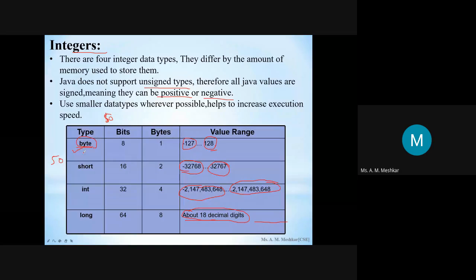It will take less time to manipulate such numbers, and hence your execution speed will increase. Suppose there is a number 50, which can be stored in int, short, or byte. Then prefer the byte data type to store the number 50 because it will take up only 1 byte and manipulation will be easier. Keep this in mind while writing programs.